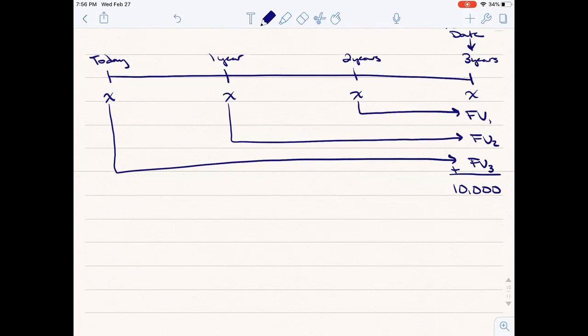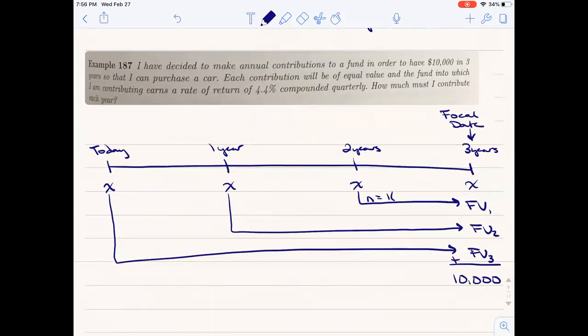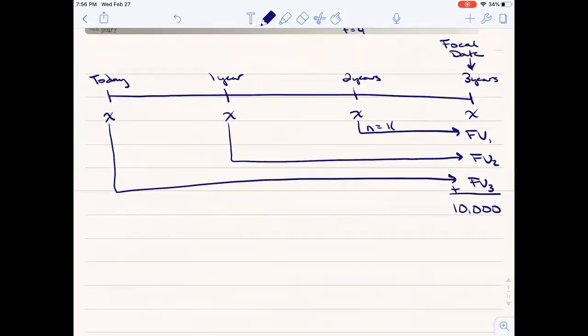On each of these arrows, we're going to put the number of compoundings, n. Between 2 years and 3 years is just 1 year. And what's our frequency? Compounded quarterly, so 4. 1 times 4 is 4.